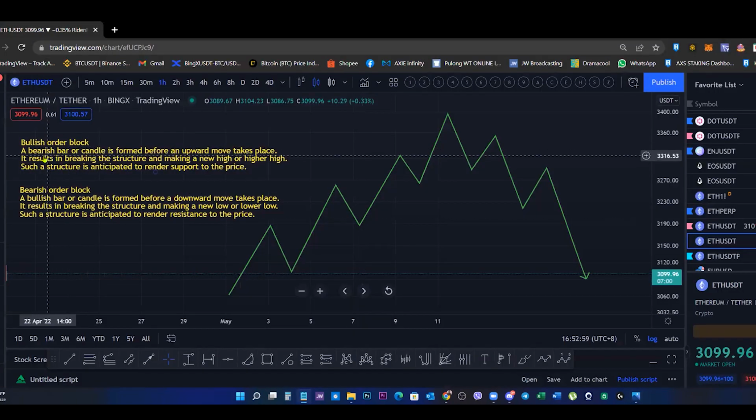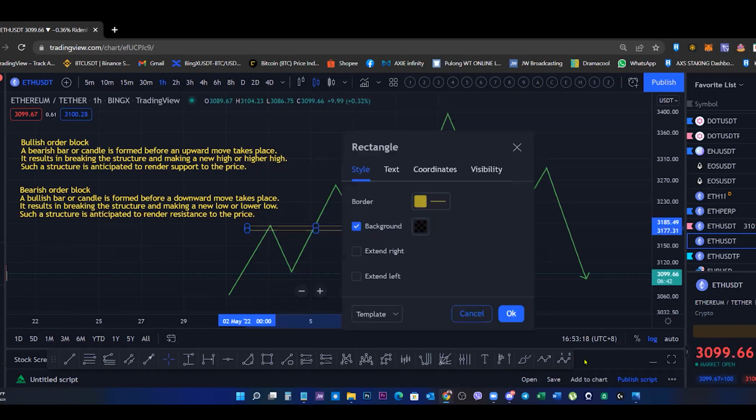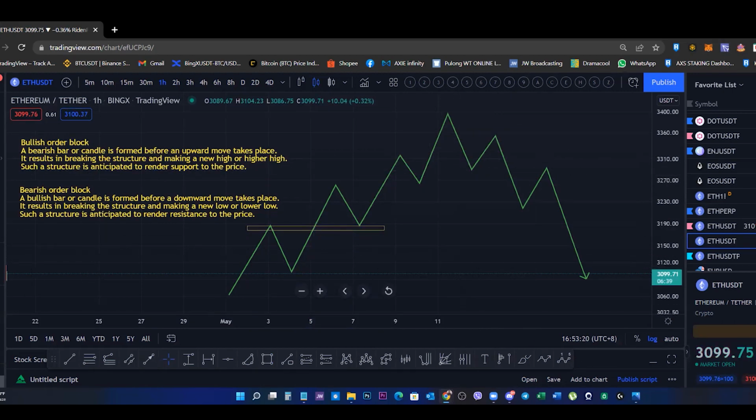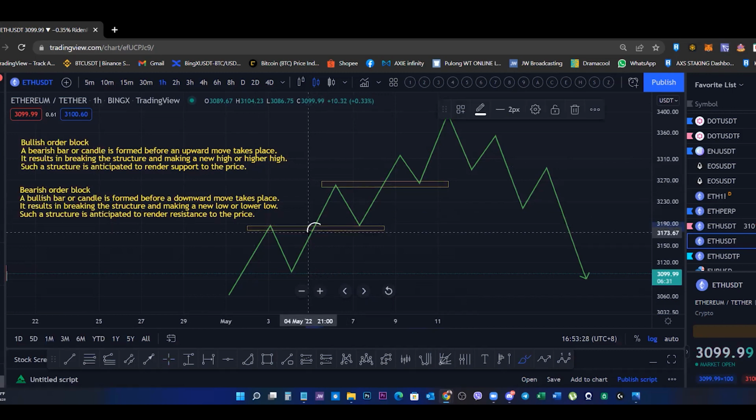A bullish order block is a bearish bar or candle formed before an upward move takes place. It results in breaking the structure and making a new high, or a higher high. For example, in this video, this is a new higher high, and there is another new higher high. Now, how do you know that it will come back to this area? Aside from this being a new higher high, we have a low that will create a higher low in this area.